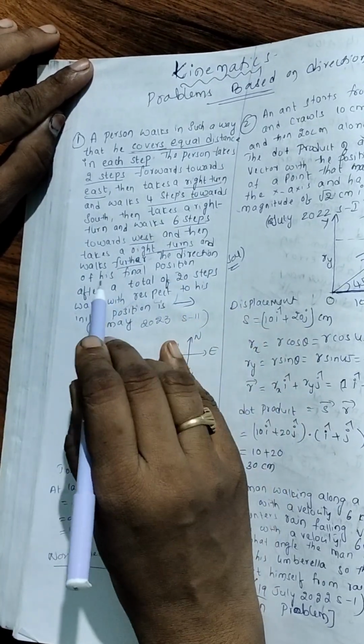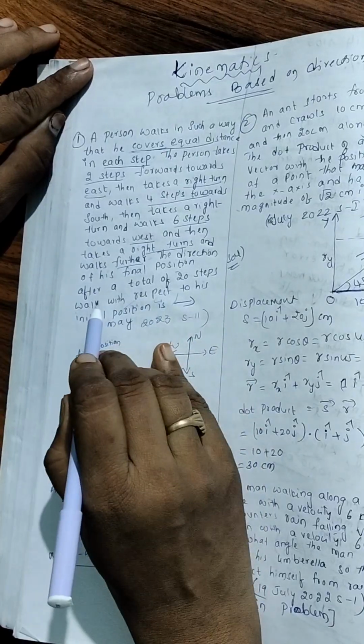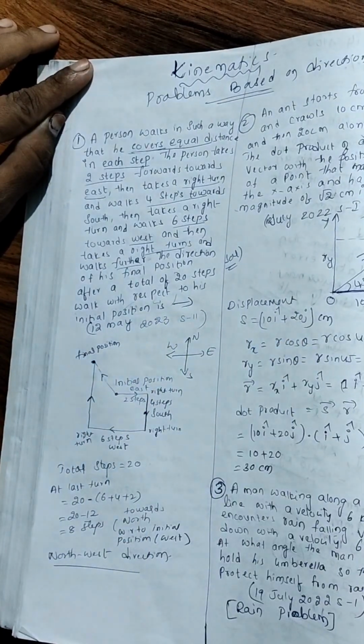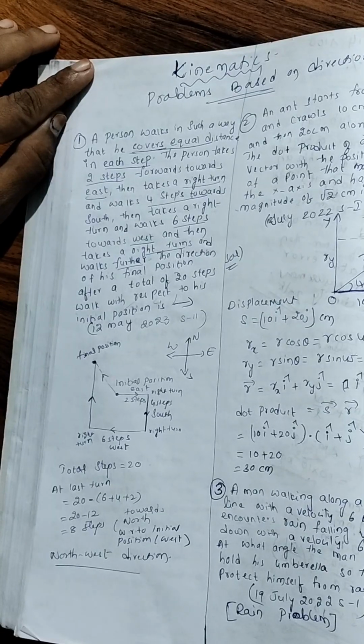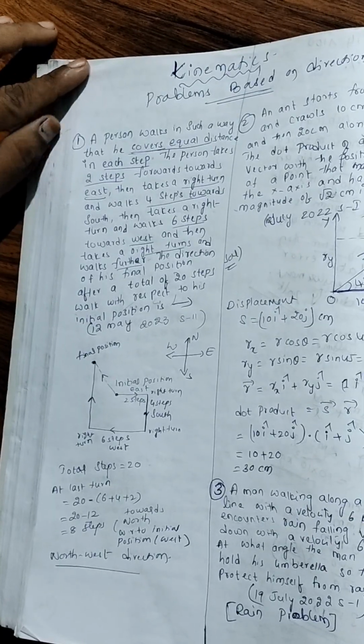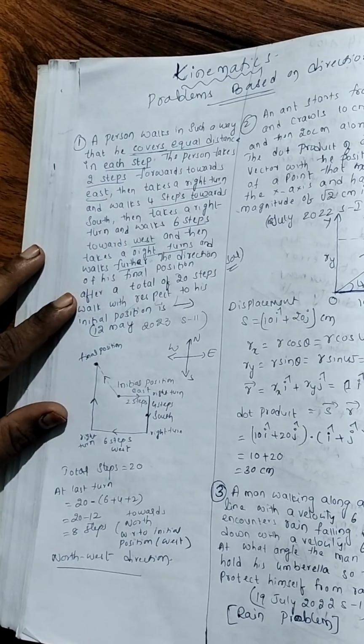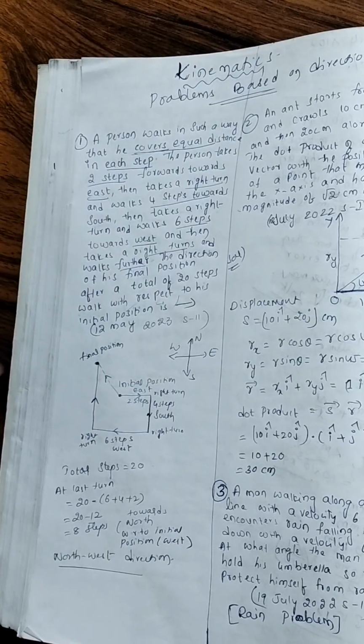He is asking the direction of his final position after a total of 20 steps with respect to his initial position. It was asked on 12th May 2023, shift 2.